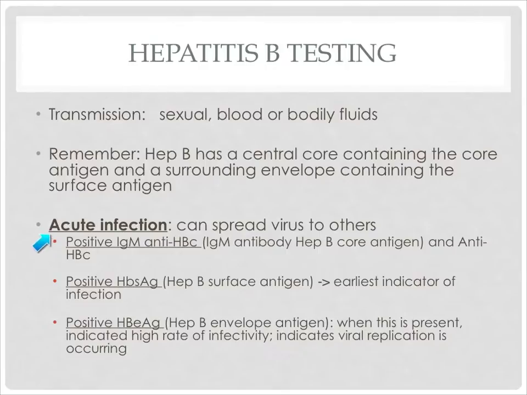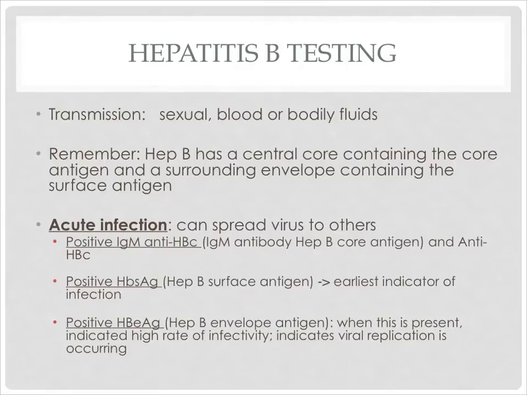If you have somebody who has an acute hepatitis B infection, what would the labs look like if you're doing a Hep B profile? You're going to see a positive IgM antibody to the core. As I mentioned earlier, that's going to be telling you that you've had a recent infection, all right? And you're also going to have the core antibody as well.